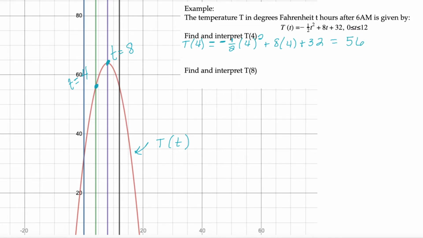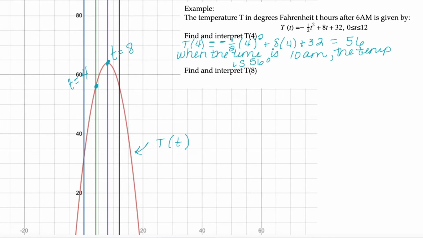This means then that when the time is 10 a.m., which is 4 hours after 6 a.m., the temp is 56 degrees.